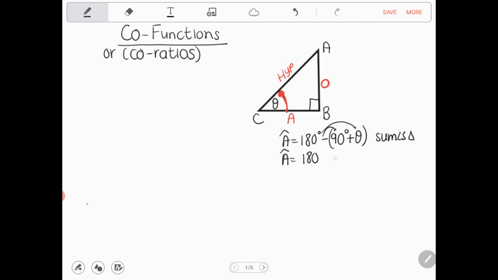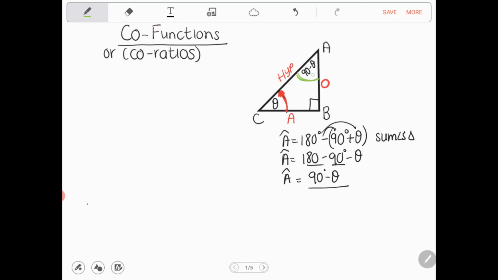We're going to distribute that negative in there. And then these are like terms, so angle A would be 90 minus theta. All right, so in angle A here, I'm going to write 90 minus theta. I'm going to make that one green.